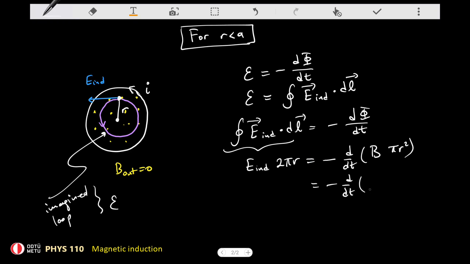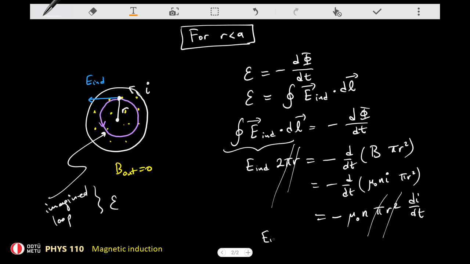But the magnetic field, I know that for a solenoid, is equal to mu0 n i. So therefore, I can express this part as minus mu0 n pi r squared di over dt. So pi's cancel, one of the r's cancel.